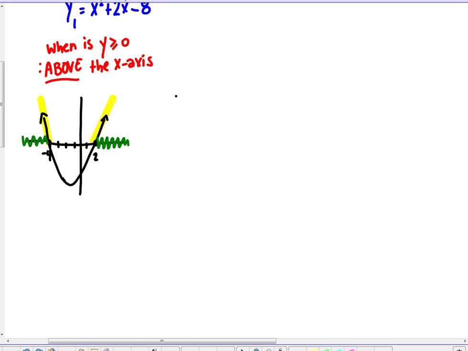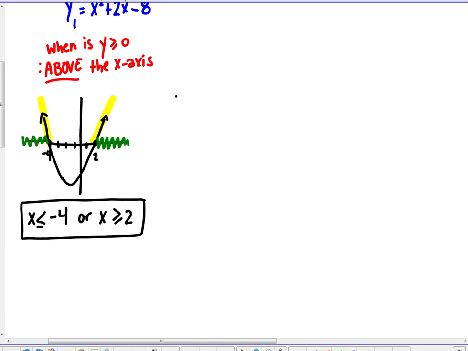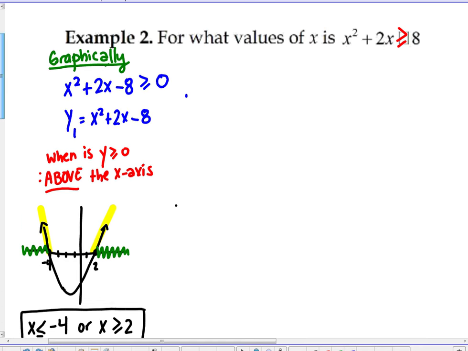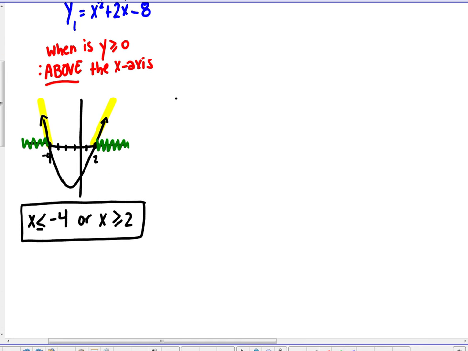That's when we're above. And so the solution would be when x is less than negative 4, how about equal to? Yes, less than or equal to, or when x is greater than or equal to 2. So that's one method, graphically.